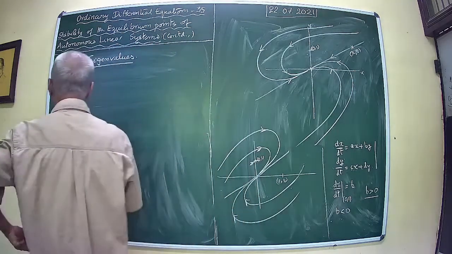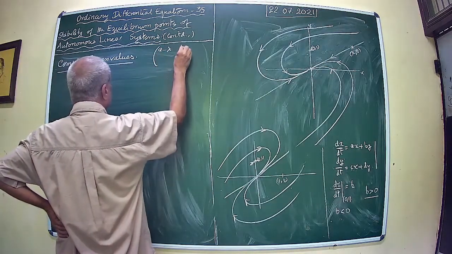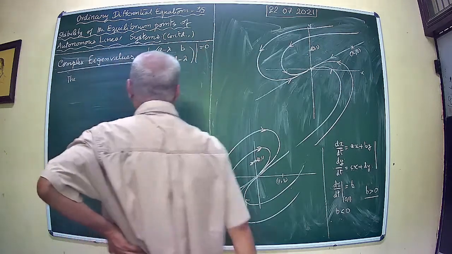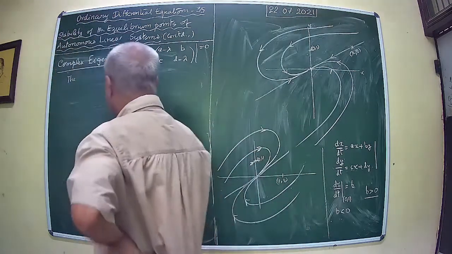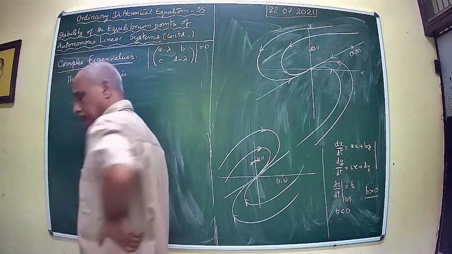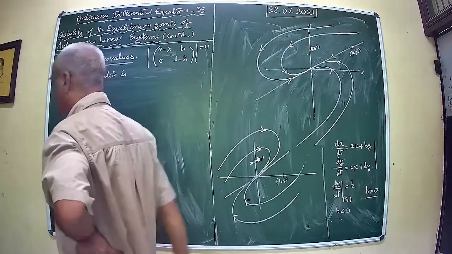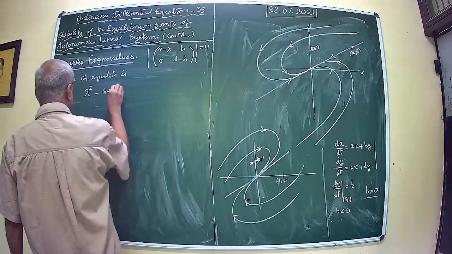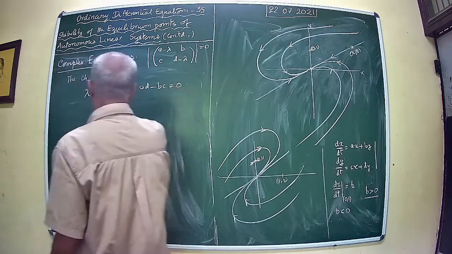The characteristic equation is given by lambda square minus (a plus d) lambda plus ad minus bc. This is the characteristic equation.